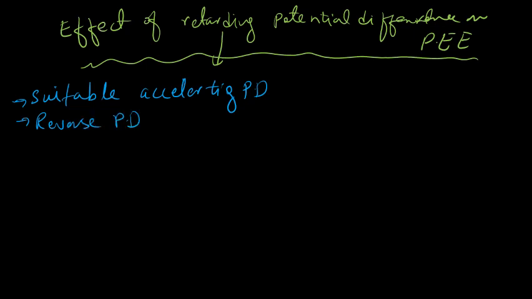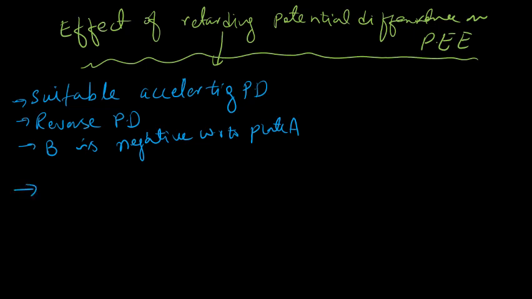When we reverse it, plate B becomes negative with respect to plate A. So the potential difference between the plates also gets reversed when we reverse the applied potential difference. This is the retarding potential difference.